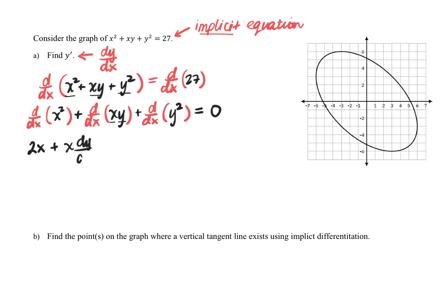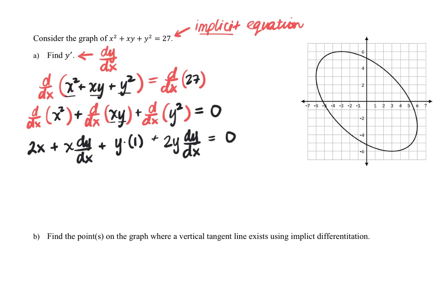But the derivative of y with respect to x is dy/dx, plus the second factor, which is just y, multiplied by the derivative of x, which is just 1. Then the derivative of y squared will be 2y, but remember you have to chain on dy/dx because of the chain rule.